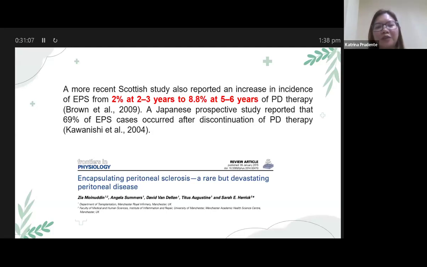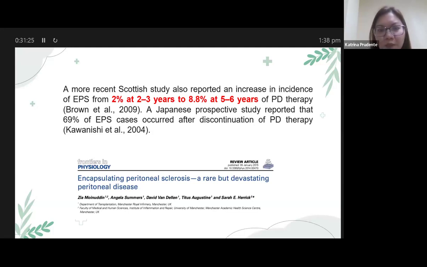However, a more recent Scottish study also reported an increased incidence of EPS from 2% at as early as 2 to 3 years and a higher 8.8% at 5 to 6 years. So for our particular patient, she's already on the 8th year of her PD.